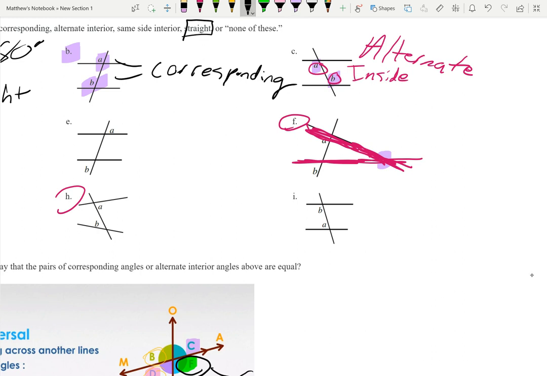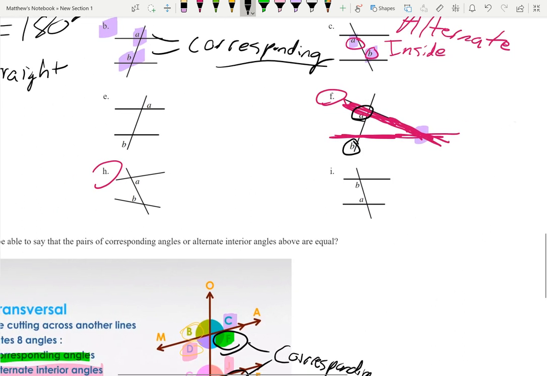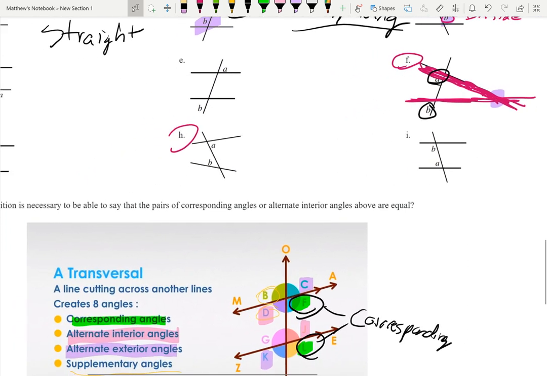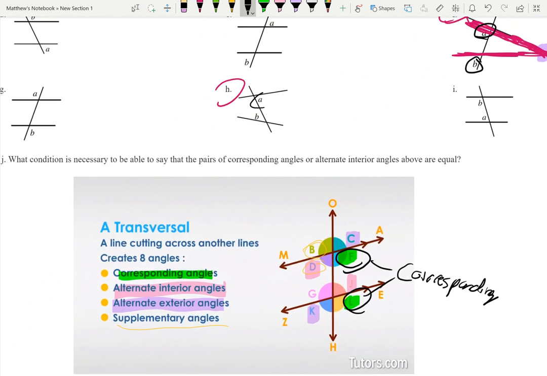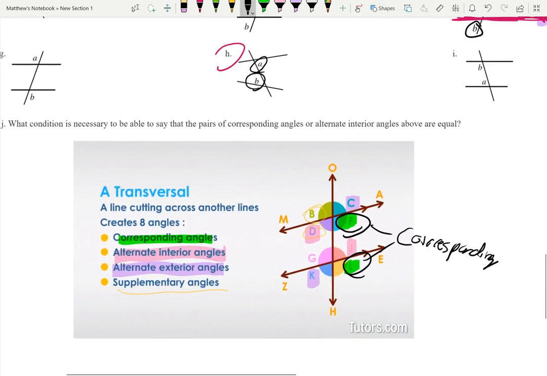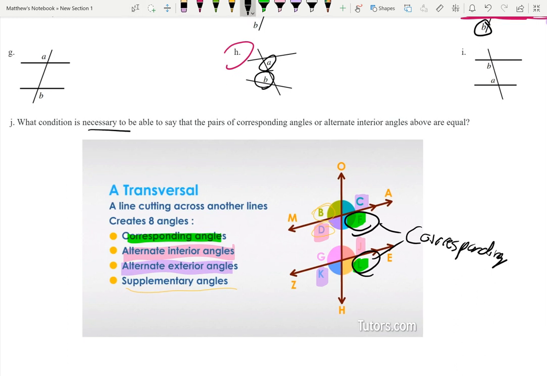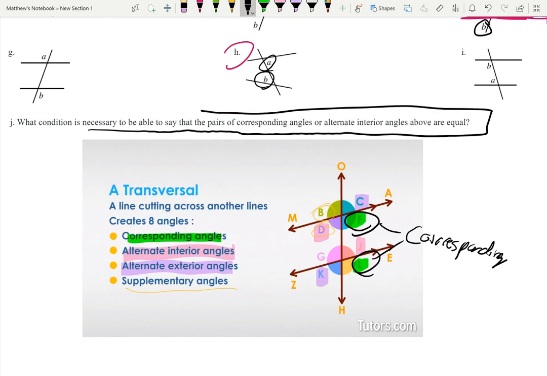Now, when that's the case, we have to think about, all right, are these angles still examples of, for example, corresponding, or do they not qualify? And if they are corresponding angles, or in H's case, alternate interior angles, is it necessary to be able to say that the pairs of corresponding angles or alternate interior angles are equal? Meaning, do they have the same measure?